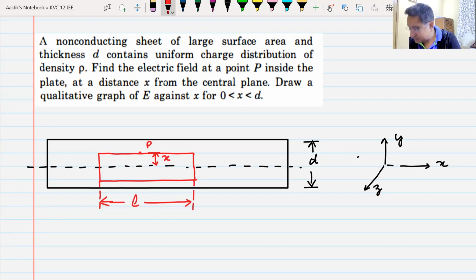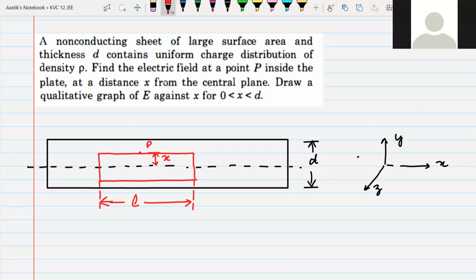The concept remains the same. The electric field for this Gaussian surface will be constant at the point P, not for a cylinder. Cylinder is the wrong Gaussian surface. So now try. Two minutes you have at the max.